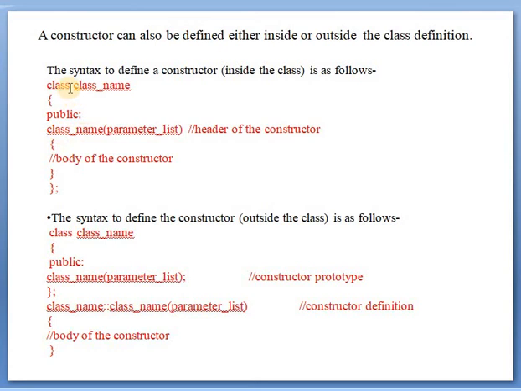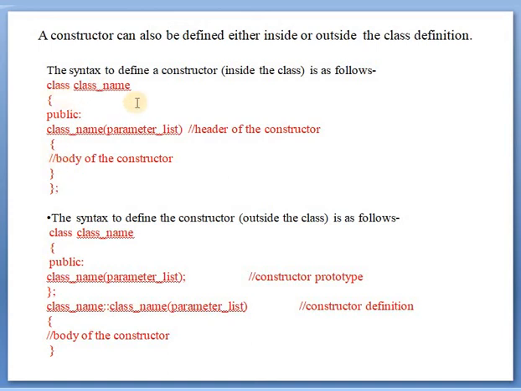Why here class name? Because class name and constructor name must be the same. So class name is taken here for the constructor name. Parameter list, open bracket and body of the constructor. And here is the completion of the class, or end of the class declaration. This is the syntax for defining constructor inside the class.